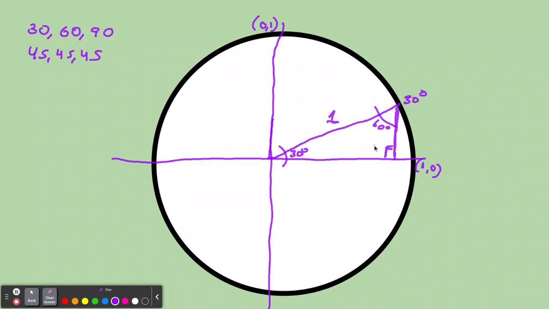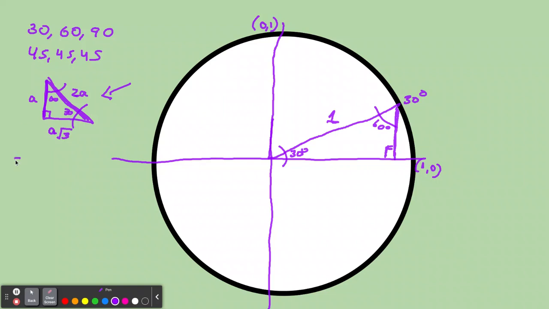Now we have our special triangle, 30, 60, 90. No matter how you draw it, the hypotenuse will always be 2 times the A length, and the B length will be A times the square root of 3. So that's our reference.